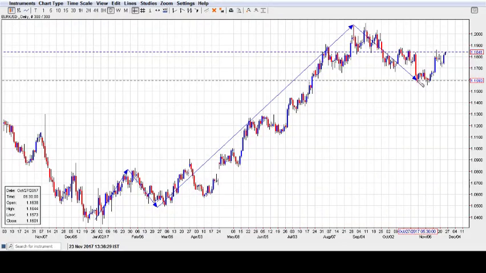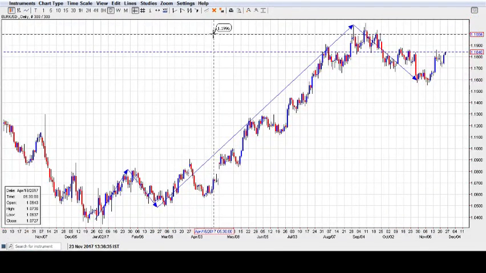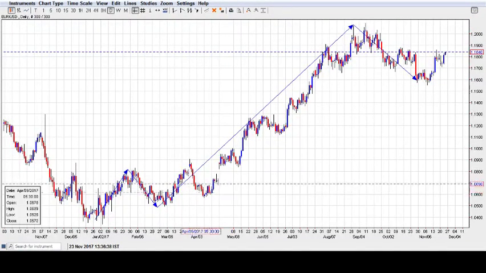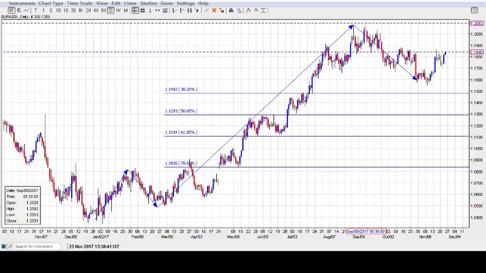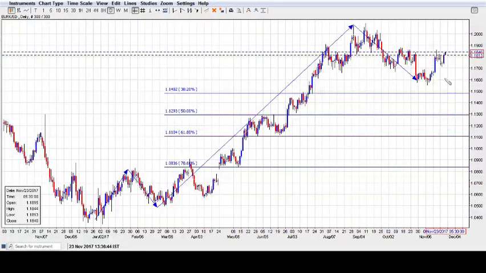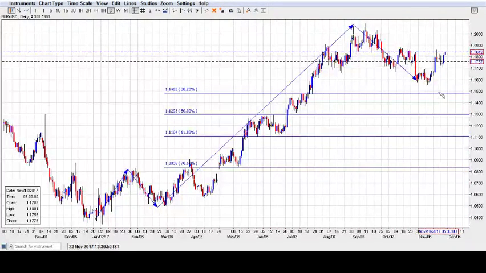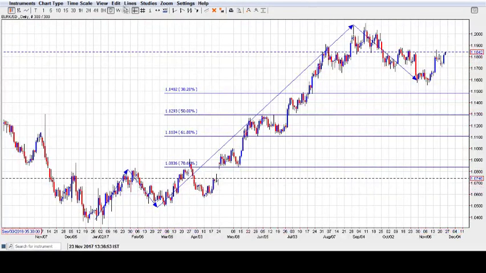The answer would be yes, because the 38.2% retracement is still far away from where Euro has bottomed out. All probable chances remain for a drop towards or continued drop towards 1480 levels from here or from around 2000 levels.